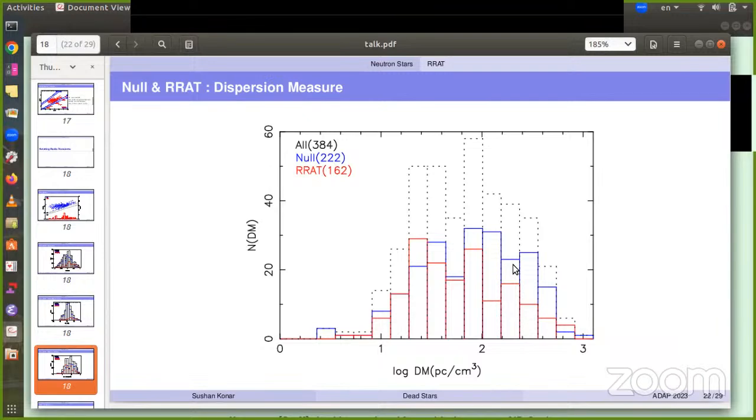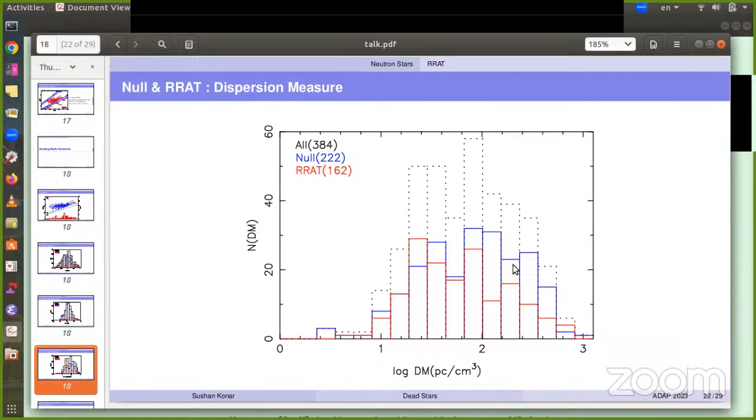So there is a suggestion that some of the RRATs behave the way they do because they are far away. Now, we see that the average dispersion measure of the RRATs is actually smaller than the dispersion measure of the nulling pulsars. So they are not far away. If anything, RRATs are closer to us.